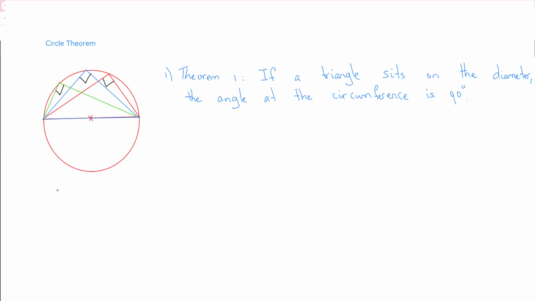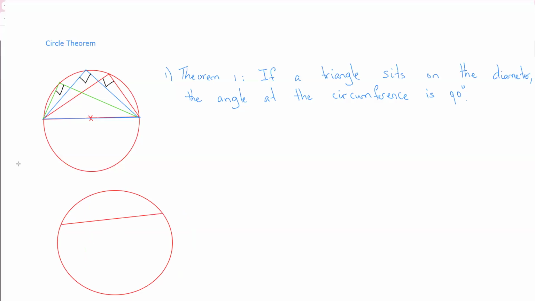Another theorem is that, let's say you have your circle, but this time you have some triangles which are not sitting on the diameter, but they're sitting on a chord. Remember, the chord could be in any direction, right? Don't be fooled by it.